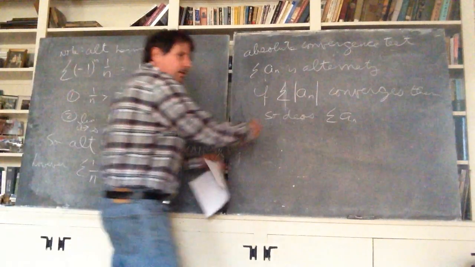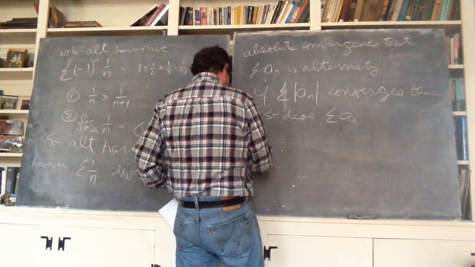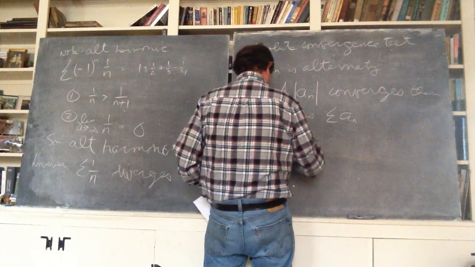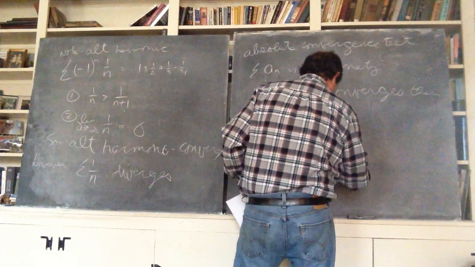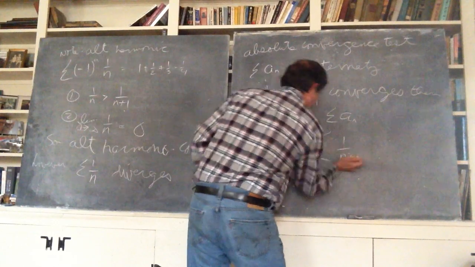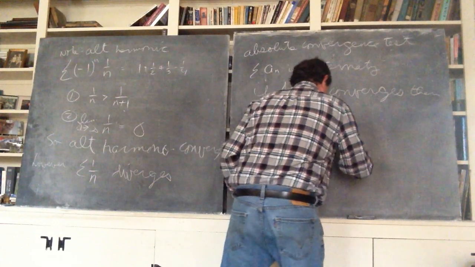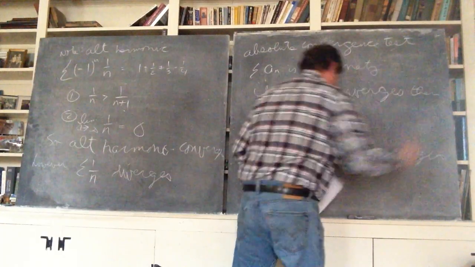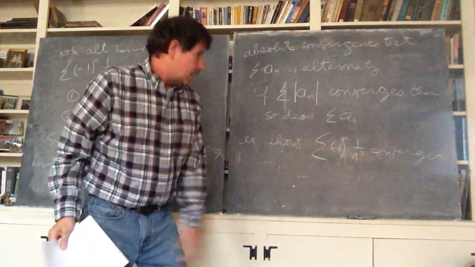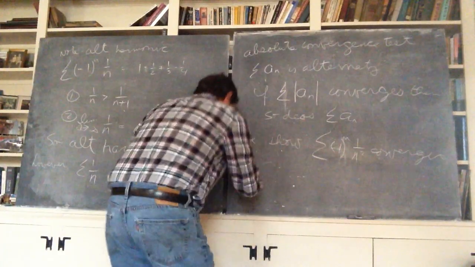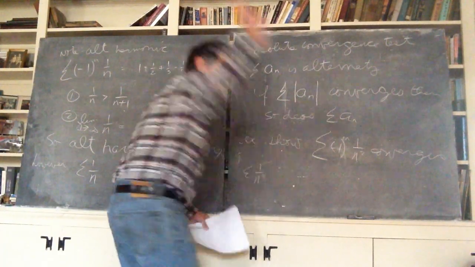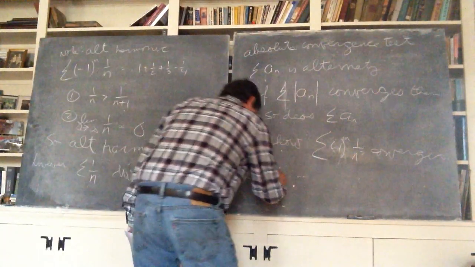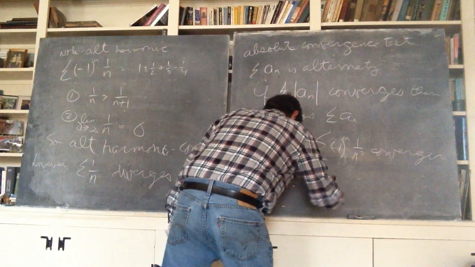Just to show this, for example, take 1 over n squared. The alternating series converges, and it does. There's no doubt about that. All we have to do is look at the positive series, and that converges without being alternating.